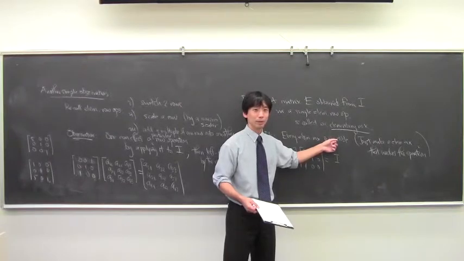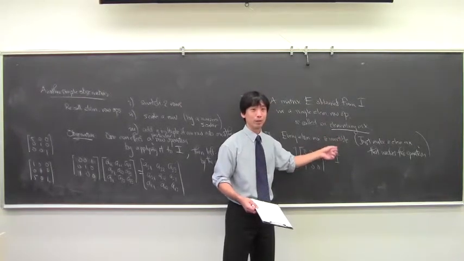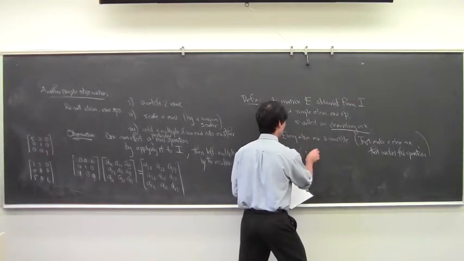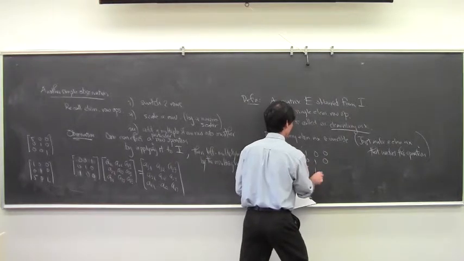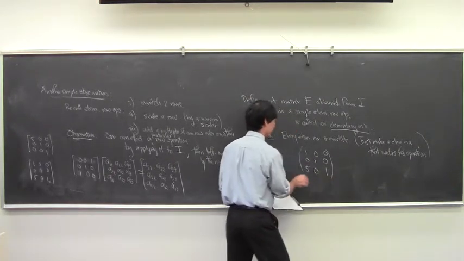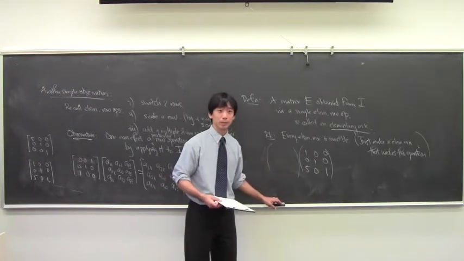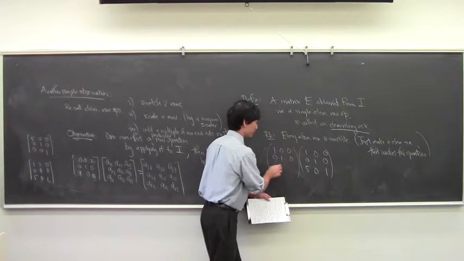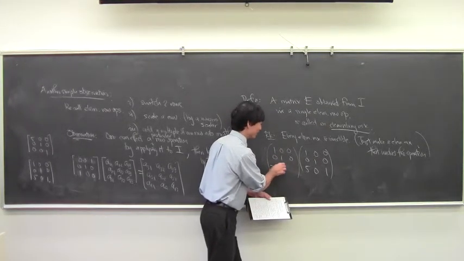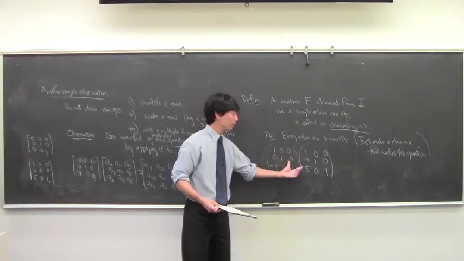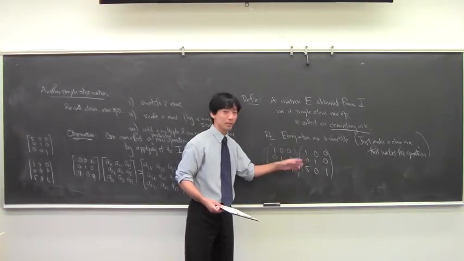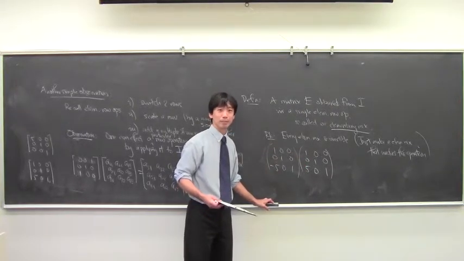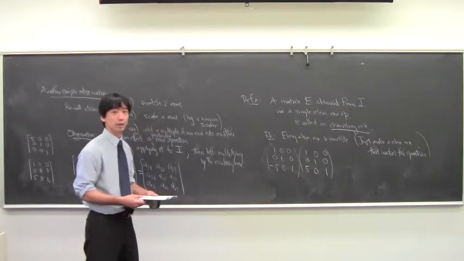If I added 5 copies of the first row onto the third row, what should be my inverse matrix? The one that adds on negative 5 copies of the first row. Those row operations cancel each other out, and so you get a matrix that does nothing, in other words, the identity. Okay, so all elementary matrices are invertible.